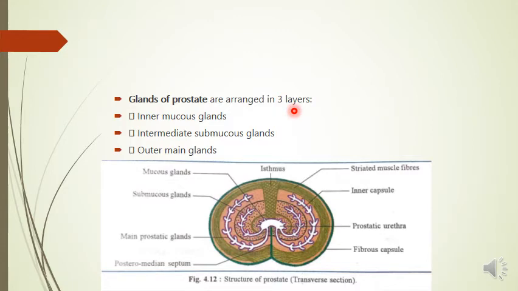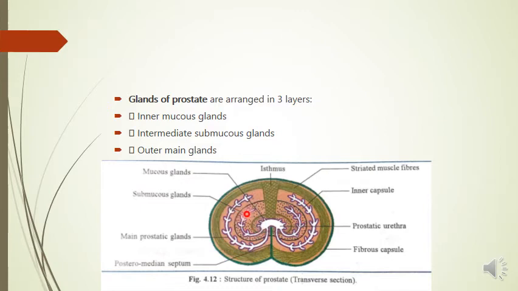Then the glandular tissue in the prostate is arranged in 3 layers. So inner, this one is the prostatic urethra. Surrounding that, here we will see the inner mucus glands. These villi-like structures that you are seeing are the inner mucus glands.